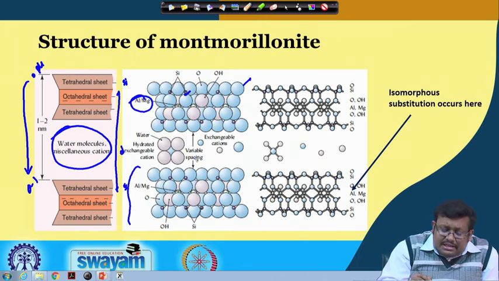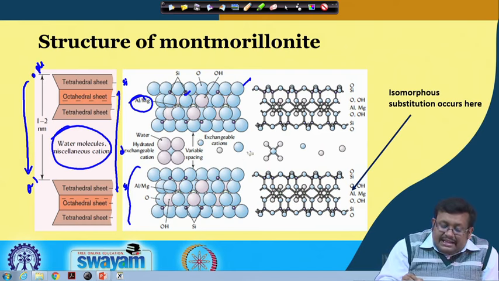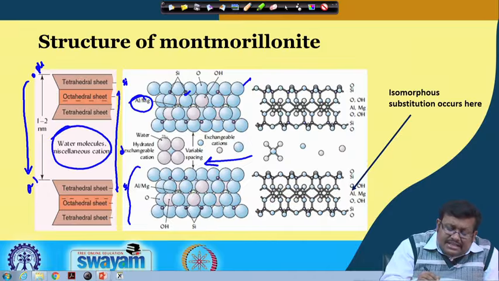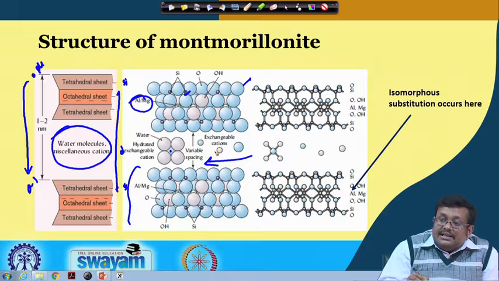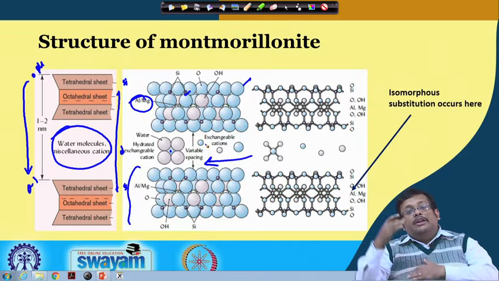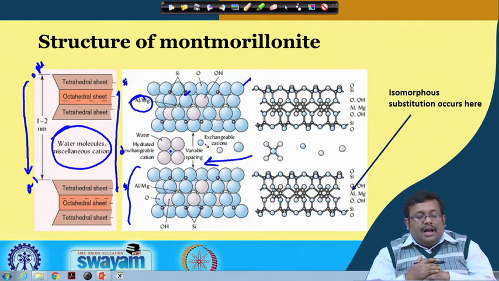So, obviously, due to the variable spacing between these two repeating layers, there will be chance for exchangeable cations to enter, and there will be hydrated exchangeable cations inside this interlayer space. And as a result of this, there will be variable d axis spacing.